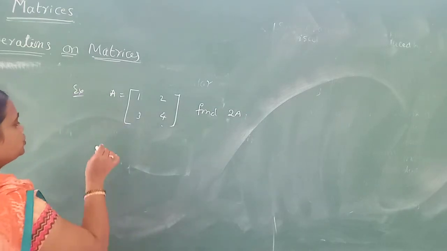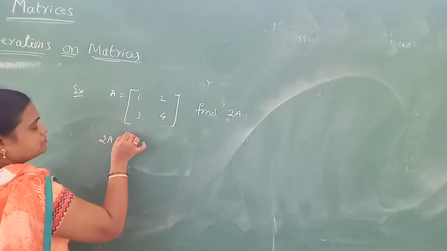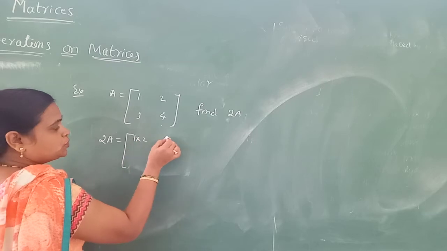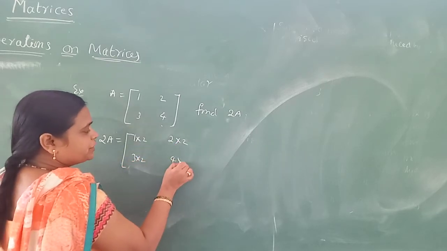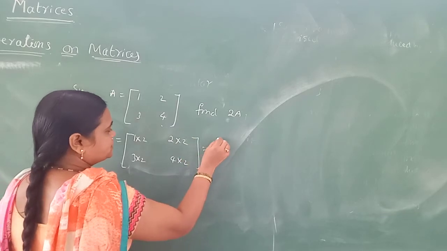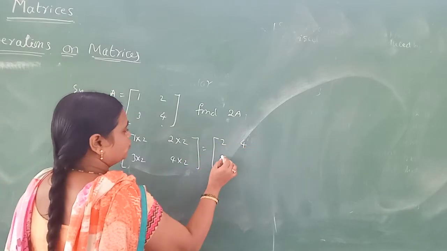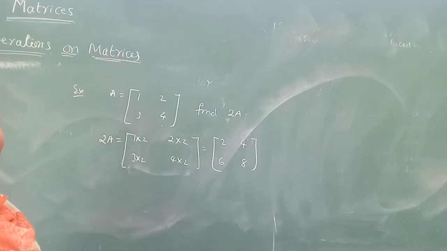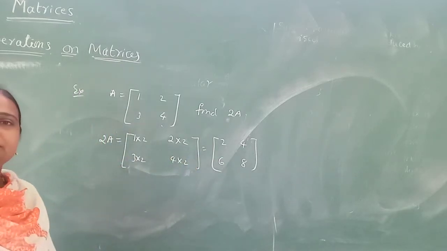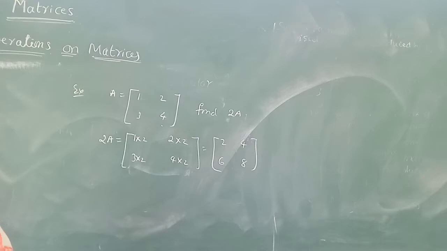Remember that. 2A means 1 into 2, 2 into 2, 3 into 2, 4 into 2, we get 2, 4, 6, 8. This is the new matrix obtained by multiplying. Understood?